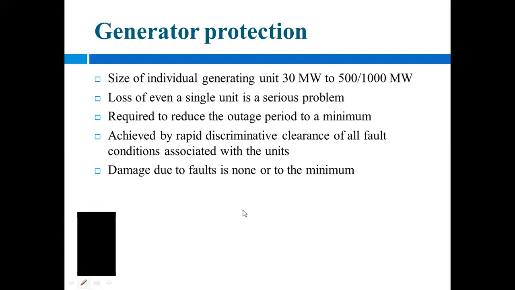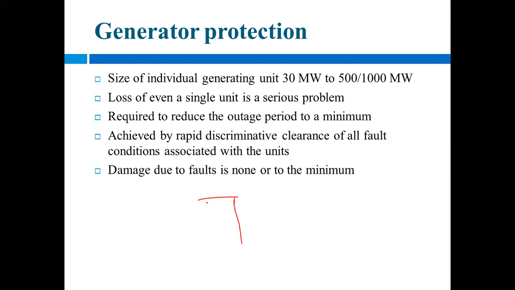Now here, all of you know that when we consider a generator, first is the prime mover here. Then here we are connecting to the grid system, and here is your generator.